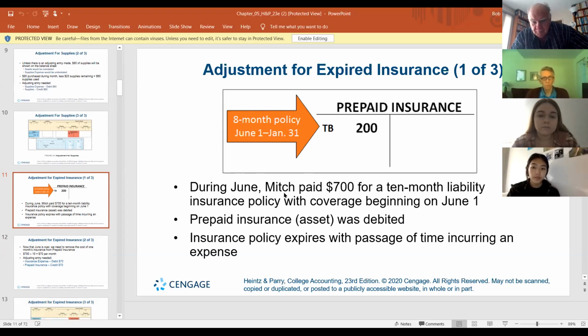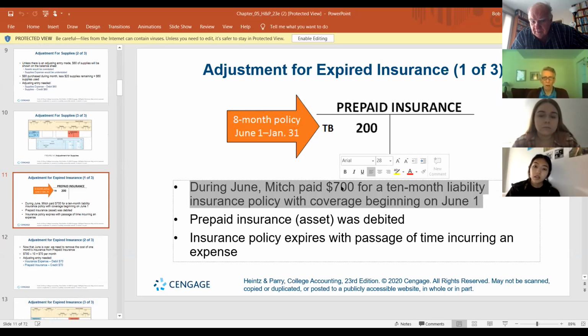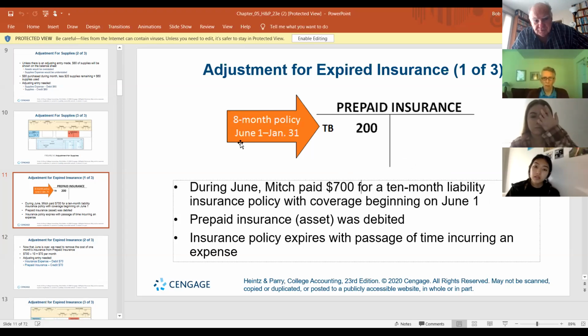During June, Mitch paid $700 for a 10-month policy beginning June 1st. At the end of June, he got the benefit of that policy worth $70. Would you agree? It's a $700 insurance policy covering 10 months. So he has used 70 of that 700.